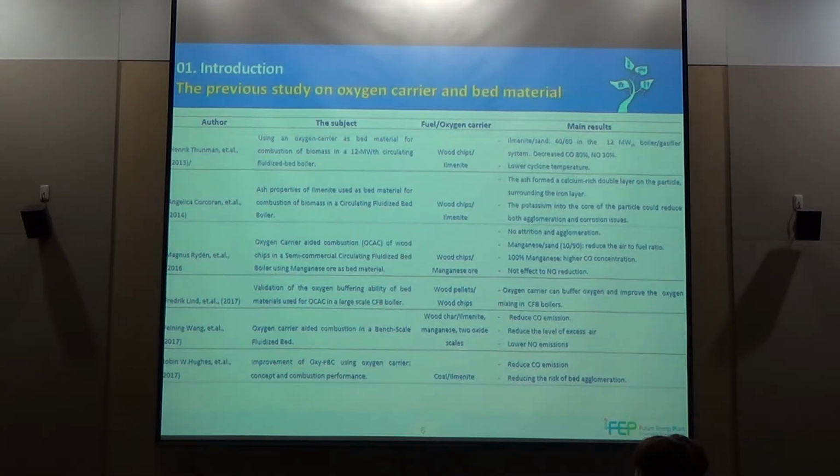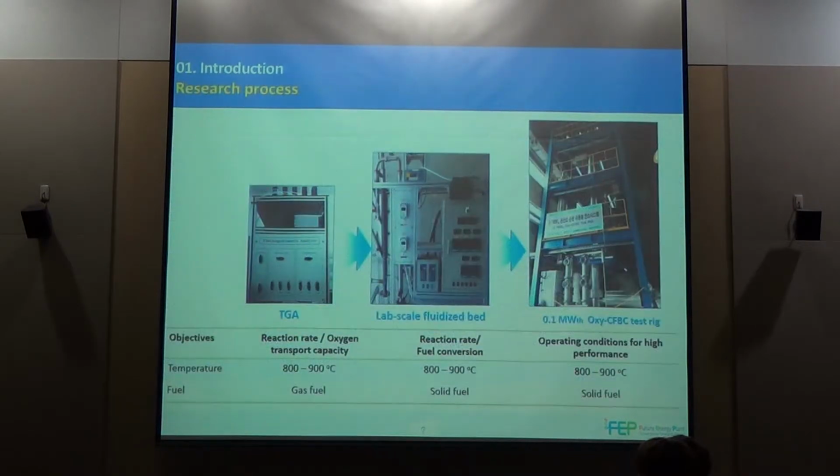And these are some previous studies on ilmenite as an oxygen carrier in chemical looping combustion, and also ilmenite as bed material in CFBC. This is the process of our study.